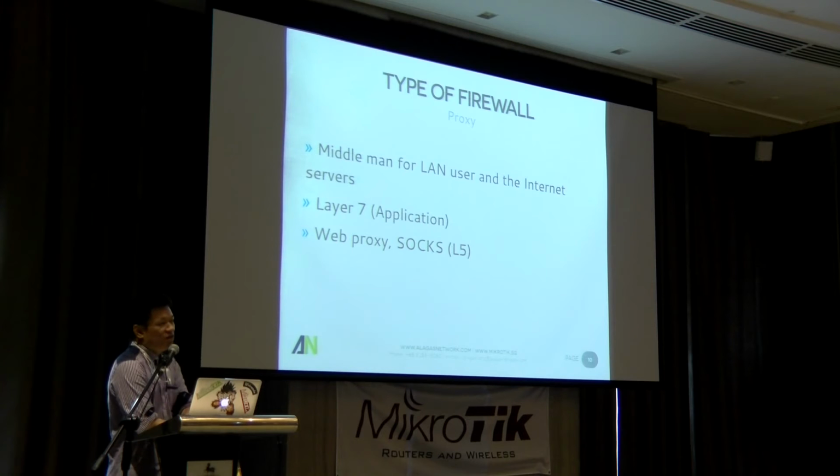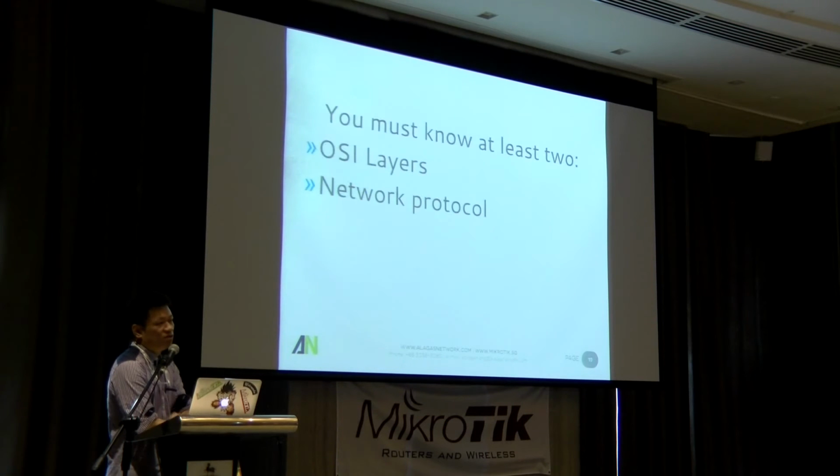To design a firewall, there are two things you must at least know: OSI layers and network protocols. Because a firewall is about inspecting packets, for communication between networks you have to know what the content inside is. You have to know what kind of protocol you want to filter.